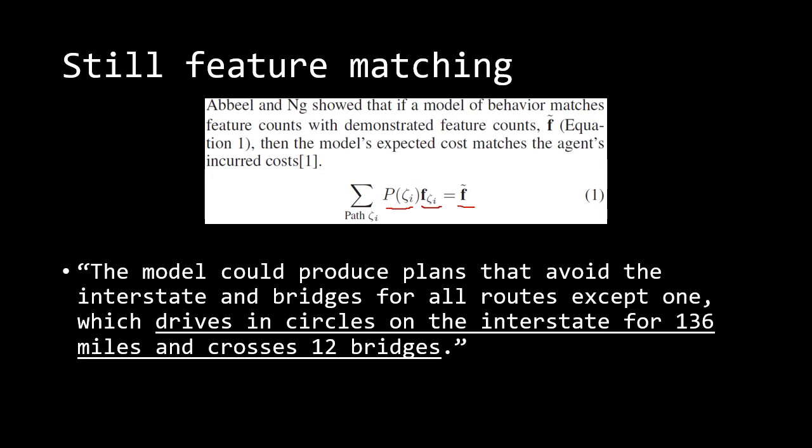One example, if we take back the taxi driver case I mentioned from the original paper, is that the model could produce plans that avoid the interstate and bridges for all routes except one, which drives in a cycle with exactly the number of miles we want and exactly the number of bridges. In other words, this would still be matching the features, but it doesn't seem really good. On the other side, we really want the one that satisfies the feature counts constraint, but without overcommitting, so to say. And this is the idea of max entropy.